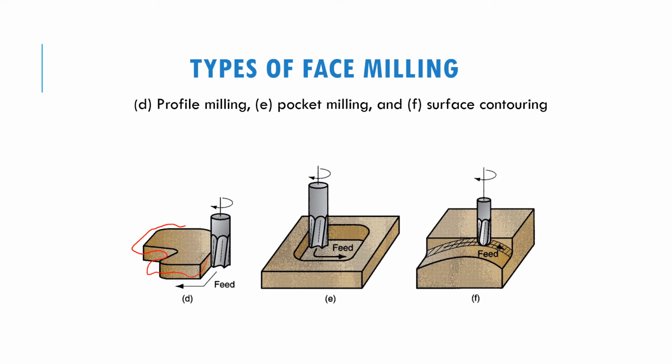And then we have pocket milling. Of course, if we want to create a pocket on the part, then we use pocket milling. And we also have surface contouring, meaning that if you want to create a contour on the workpiece, you can create it using surface contouring.